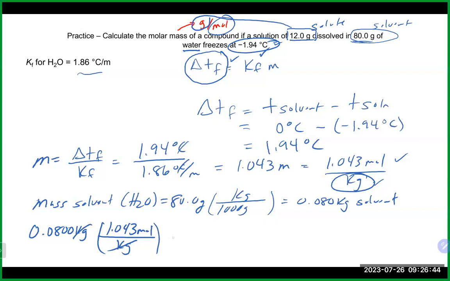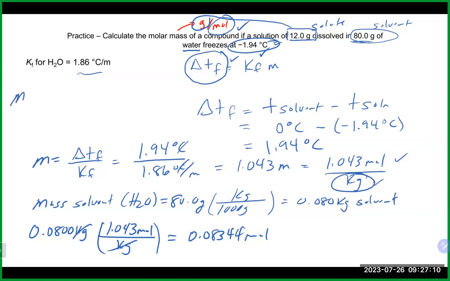Our kilograms will cancel, and this will get us 0.08344 moles, which is the bottom part of what we need. So now we have the grams. We used the freezing point information and the equation to get to the moles of the solute. All that's left is to divide those two.